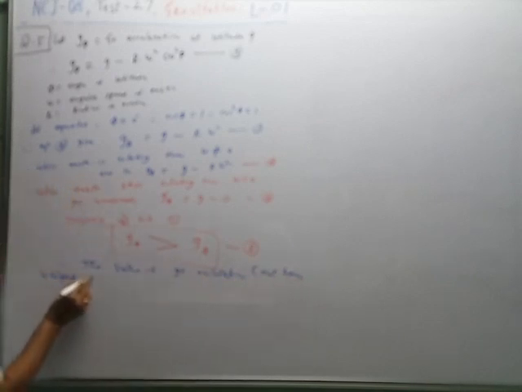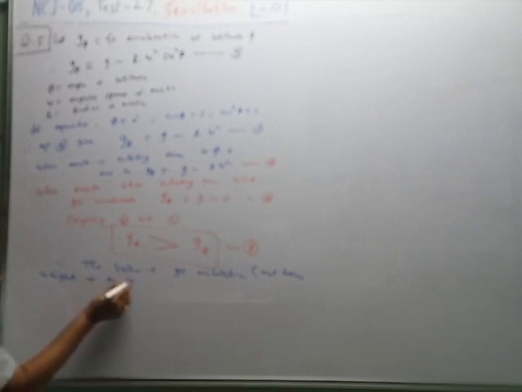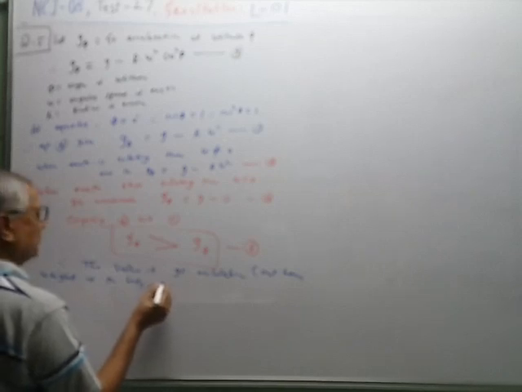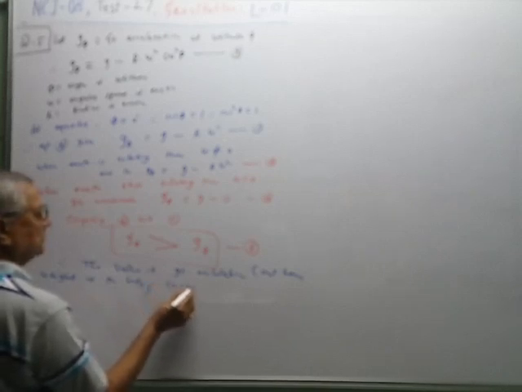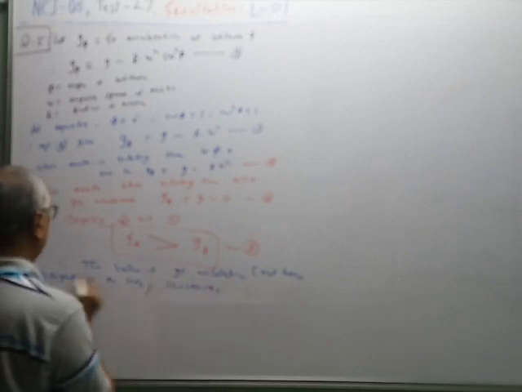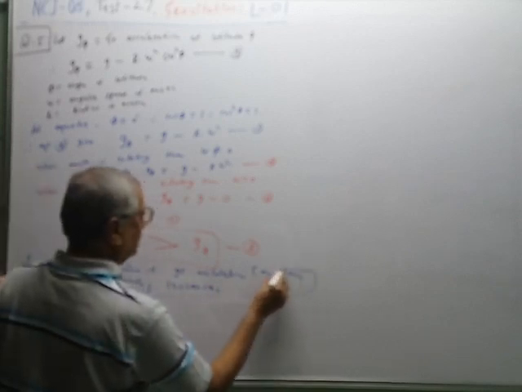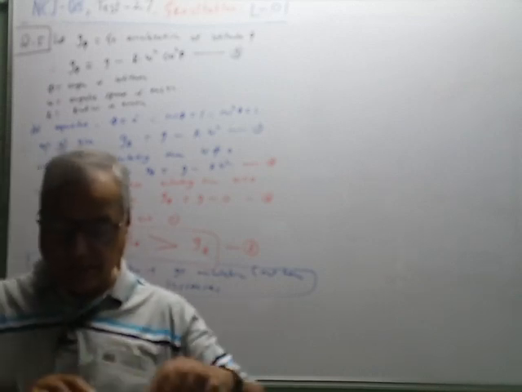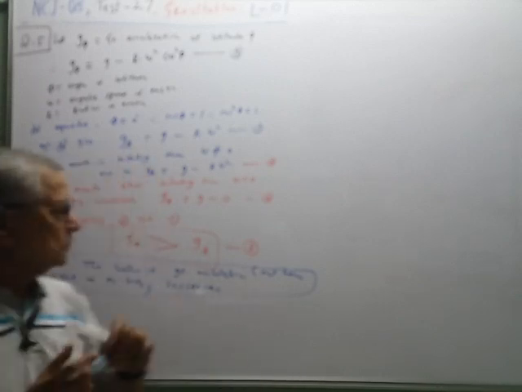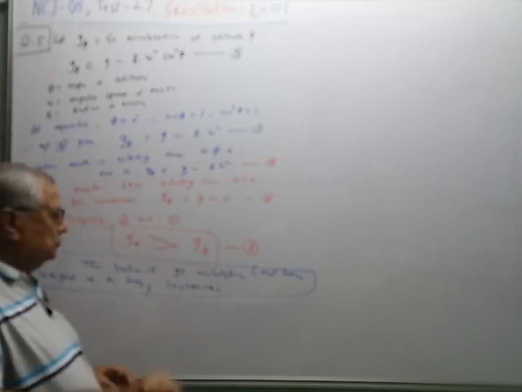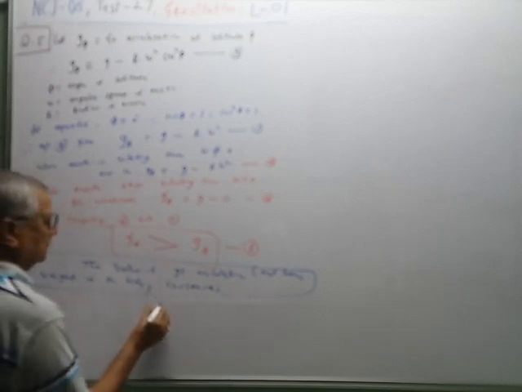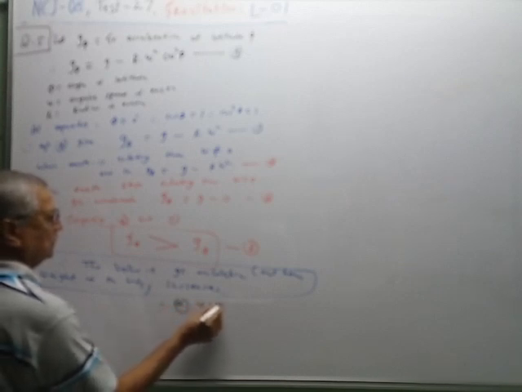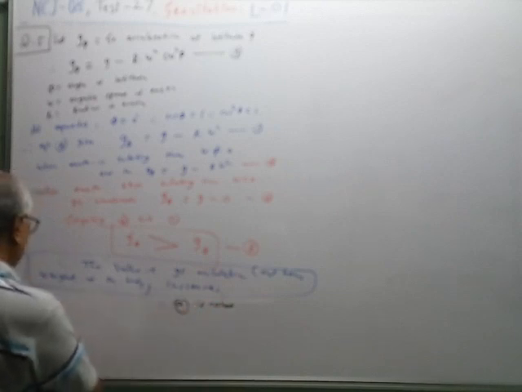Question asa pan bhetlela hota. The value of gravitational acceleration and hence the weight of the body increases. So the correct answer is A. Okay. A is correct.